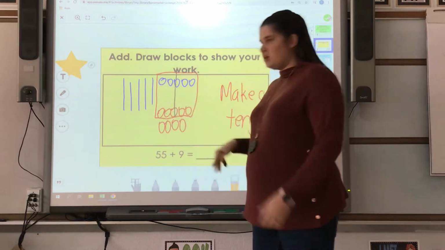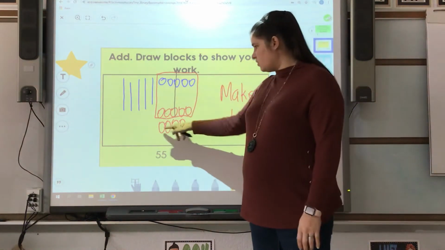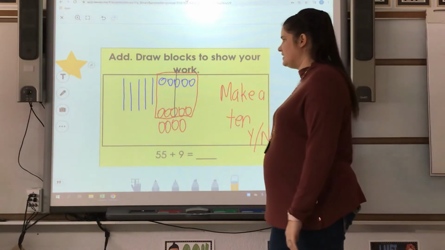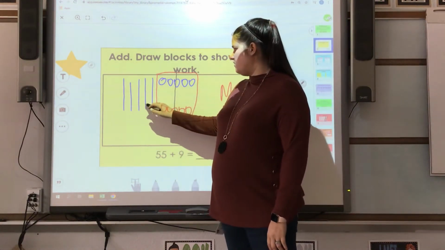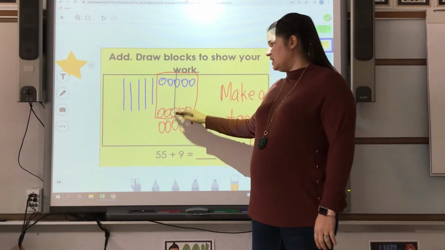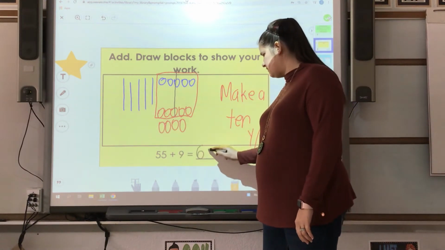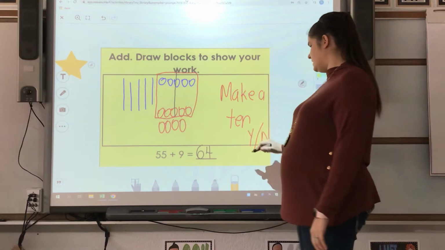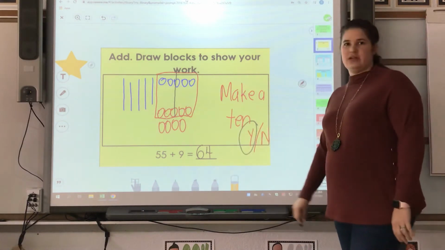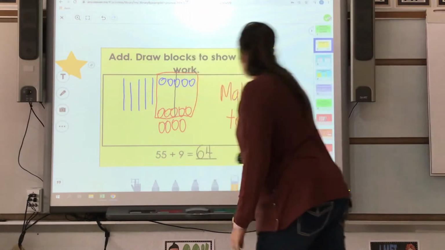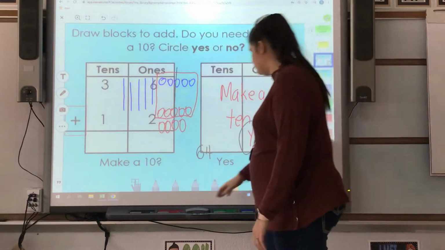All of those ones in there disappear, except for the ones that are left over. So then I need to count. 10, 20, 30, 40, 50, 60, 61, 62, 63, 64. So could I make a 10? Yes, I could.